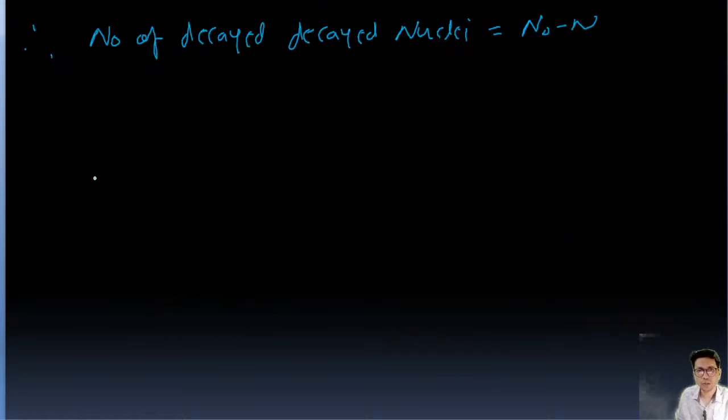And because activity is proportional to N, we can write dN upon dt is proportional to N.